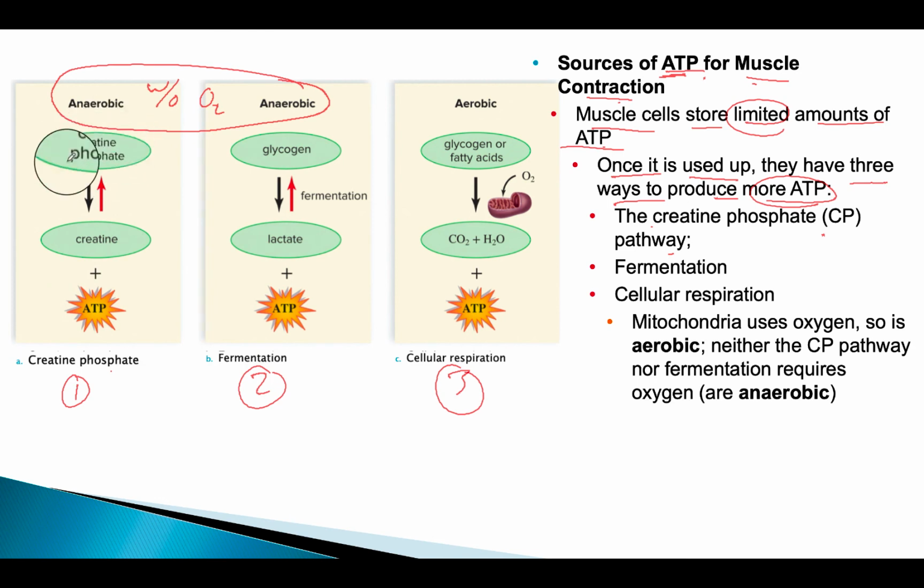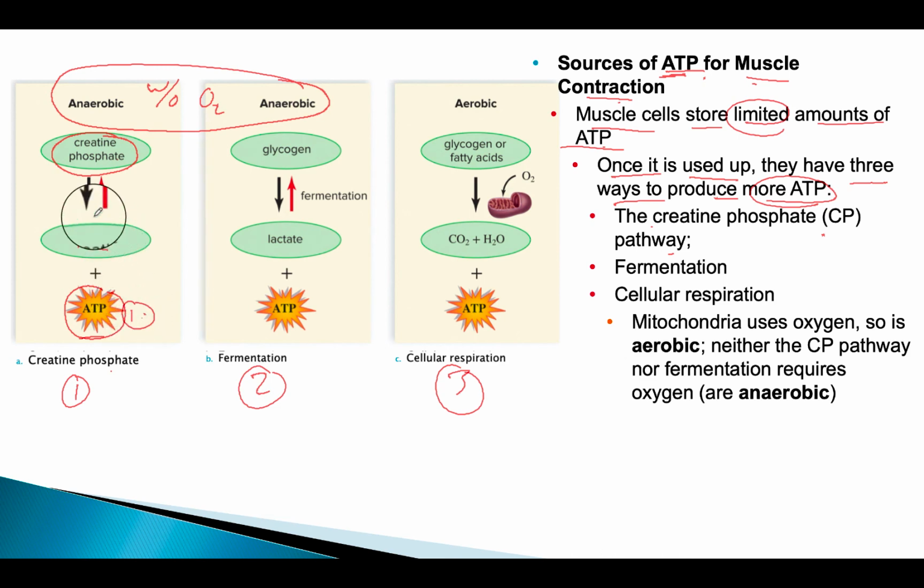So creatine phosphate is broken apart into creatine and your ATP, and there goes your ATP. So 1 creatine phosphate gives 1 ATP, basically. That's what's happening there.